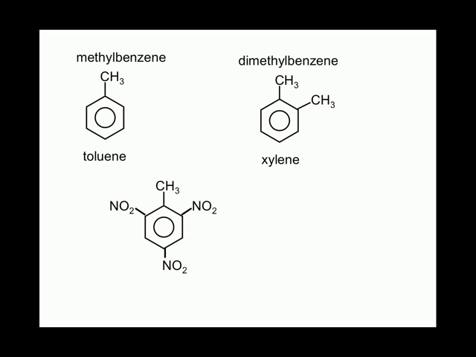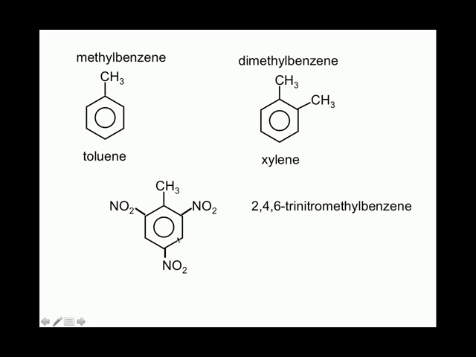Well, what would this structure be called? Well, let's see. There are 3 nitro groups on it. We want to probably number them because they can be in different places. And then we have that methyl group. So we could call it 2,4,6-trinitro-methylbenzene. So we're saying, okay, this is the number 1, so we're just going to call that methyl. Now you might wonder, why don't we say where it is?